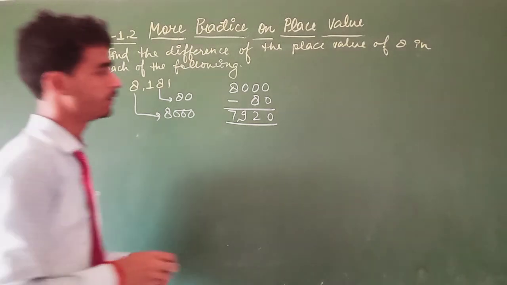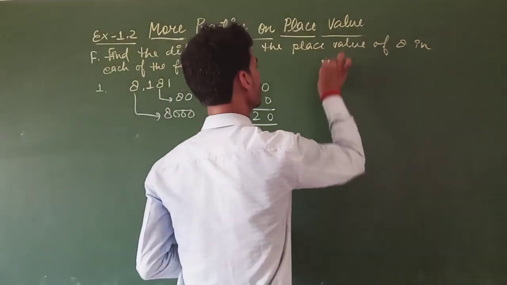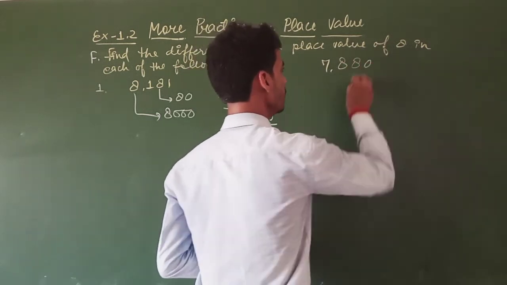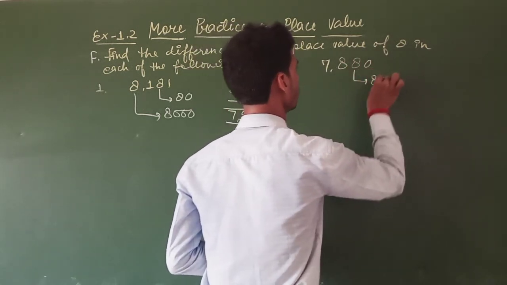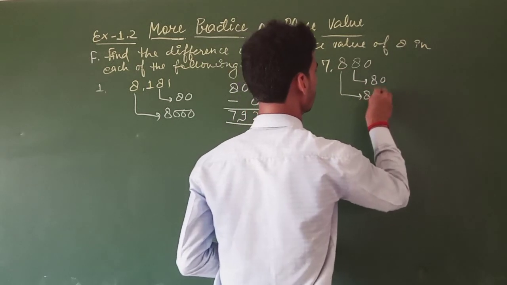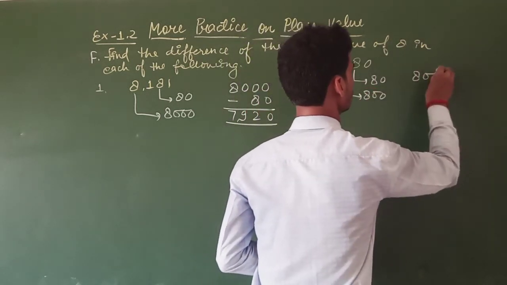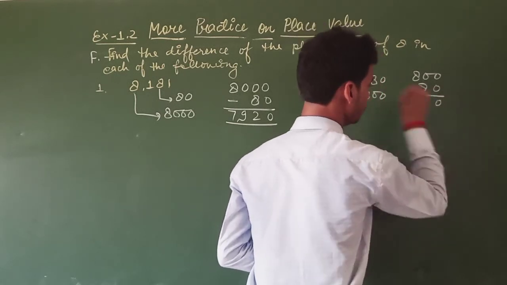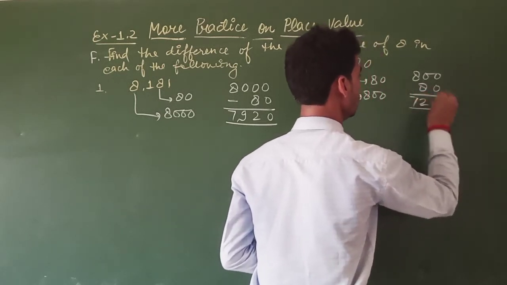The next one is 7880. Here the place value of the first 80 is 80 and the second is 800. So we separate 80 from 800, that is 720.